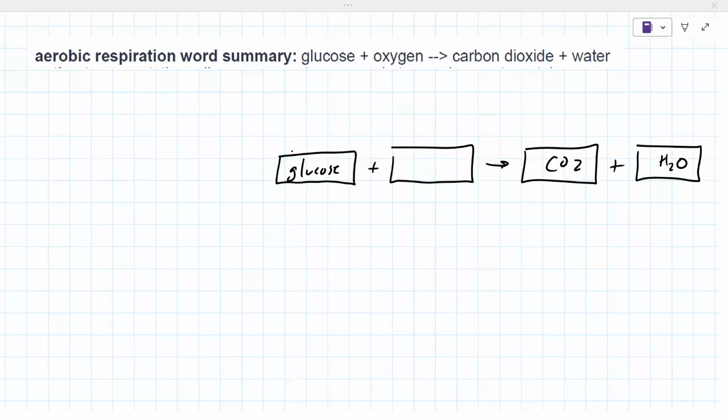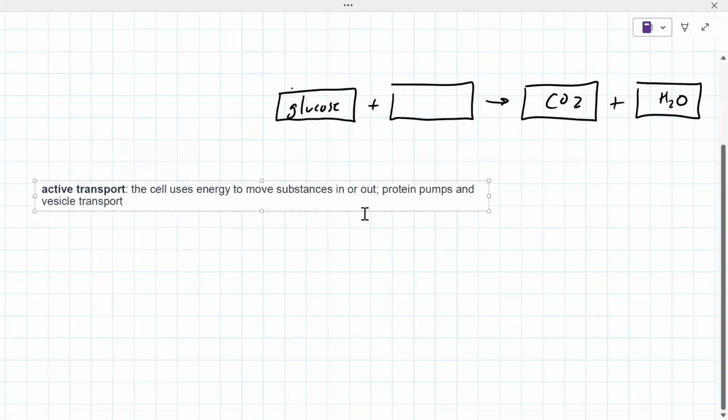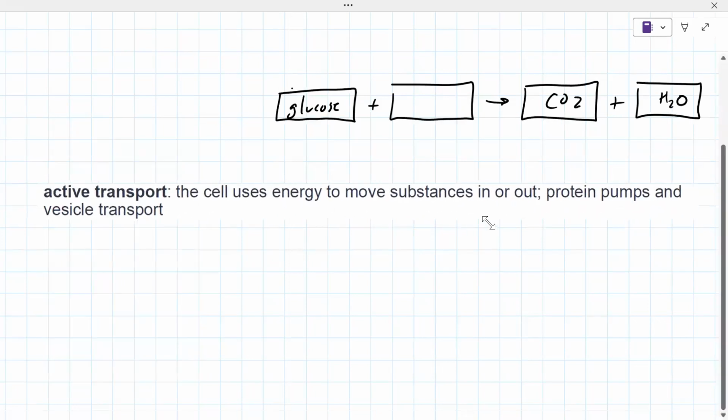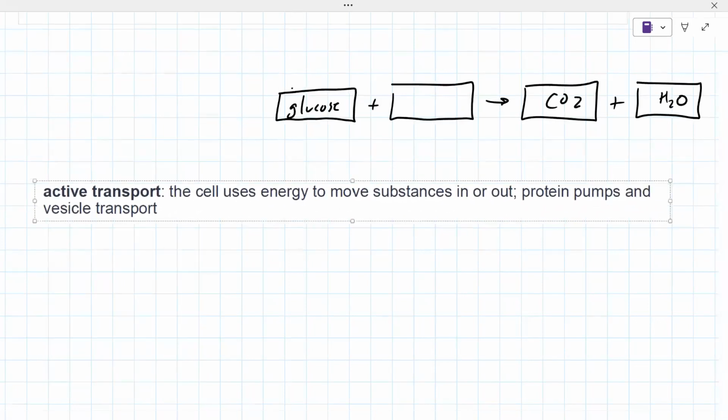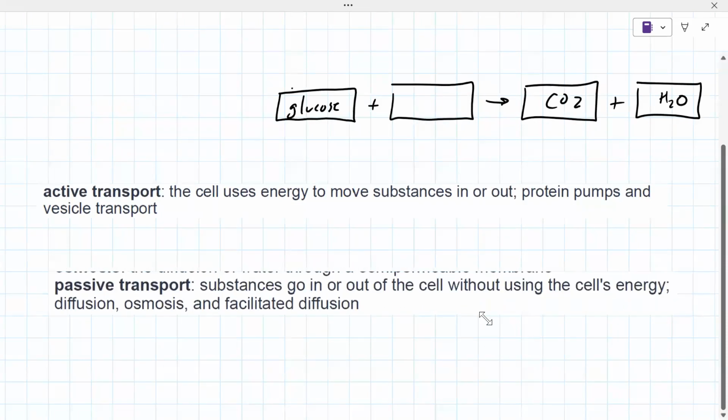All right. So the next thing is active transport. You and I talked about active and passive transport the other day. Do you remember that? We were writing that down. What is the difference between active and passive transport? Do you remember that? No. Okay. Well, let's read these together.